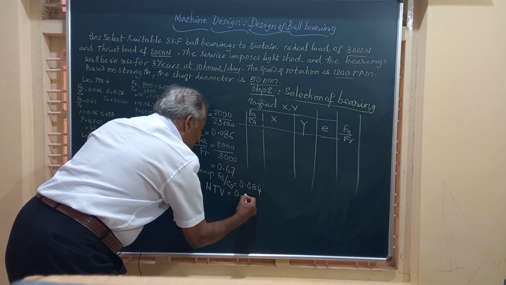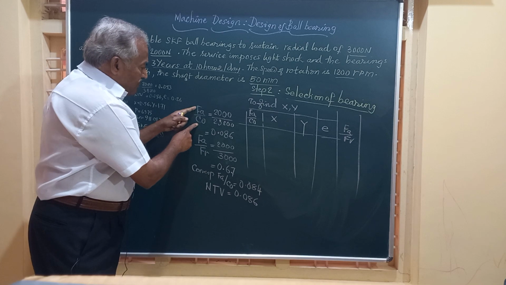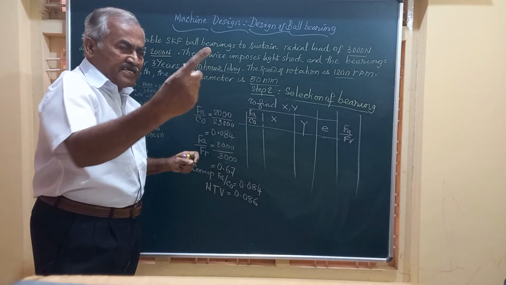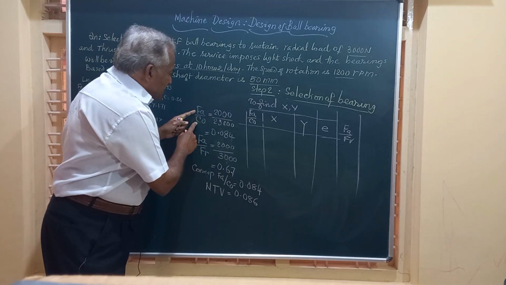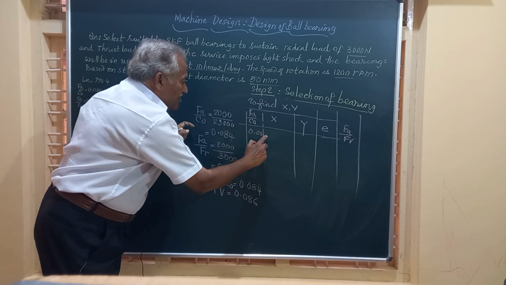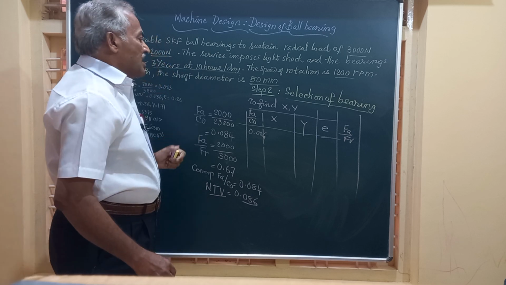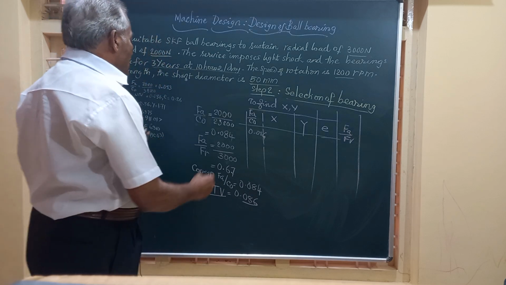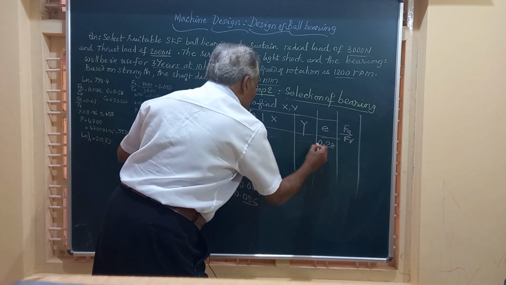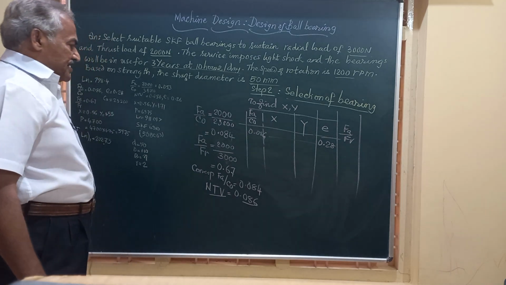Check in the table. In the table, 0.084 is a value available in the table, 0.086. That's the nearest table value. Corresponding to that, friends, you have got the value of e is equal to 0.28. So in the same column, you will get the value of e is equal to 0.28.